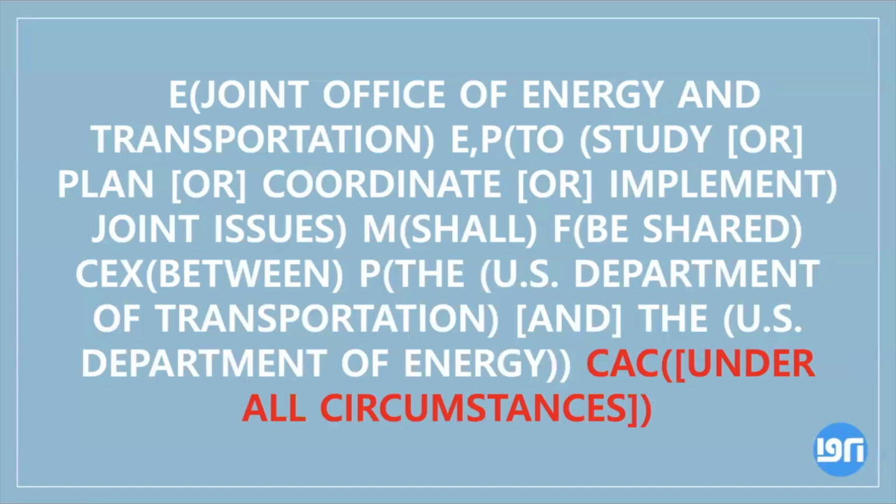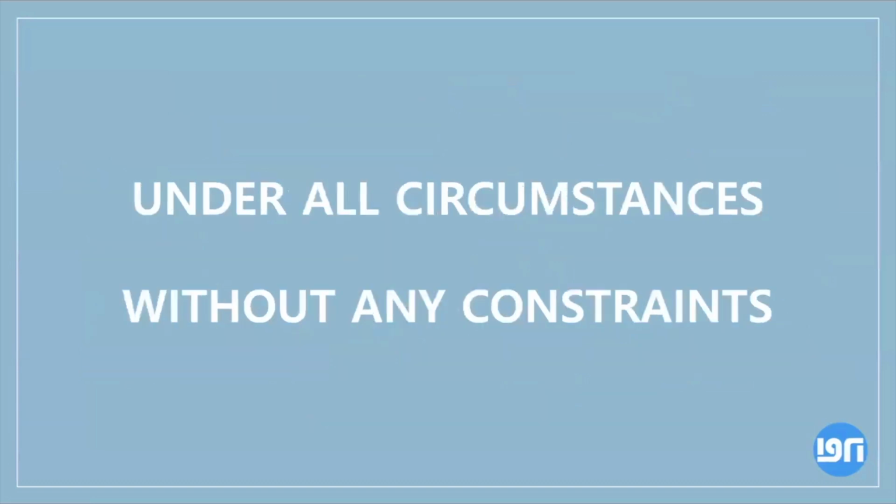This is not strictly necessary in this case, since the institutional statement already has an explicit execution constraint. However, if a statement doesn't have an explicit activation condition or execution constraint, then you may insert either under all circumstances to express an activation condition, or without any constraints to express an execution constraint.